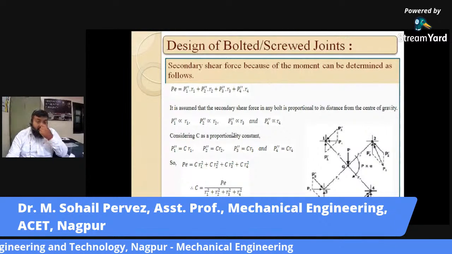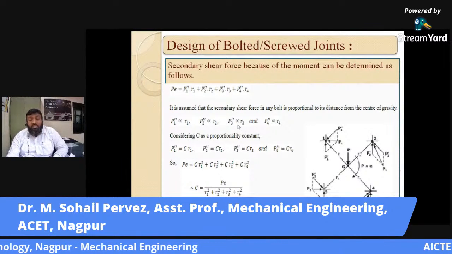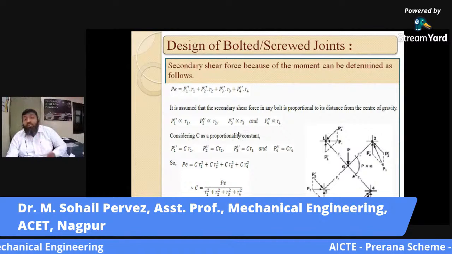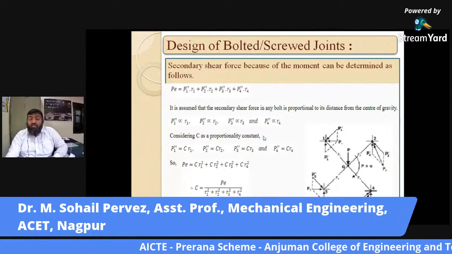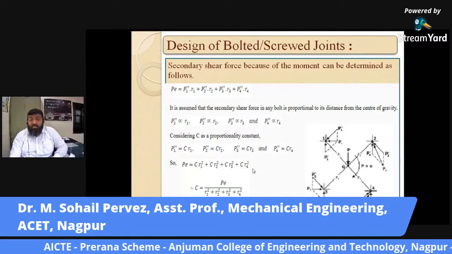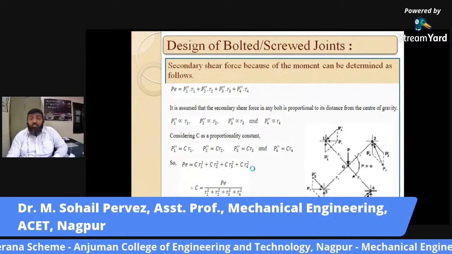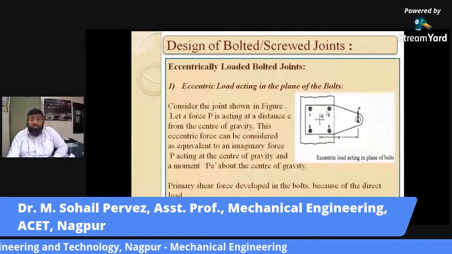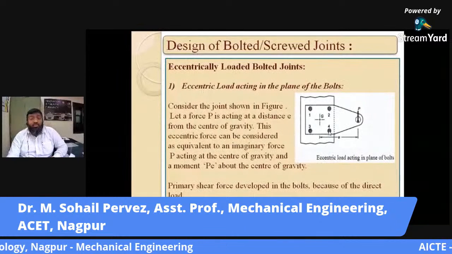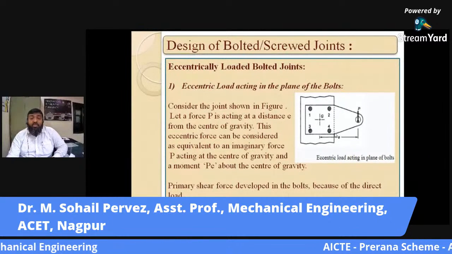So you have to sum up all these and find out the maximum shear the bolt is subjected to, whether at bolt 1, bolt 2, bolt 3 or bolt 4.